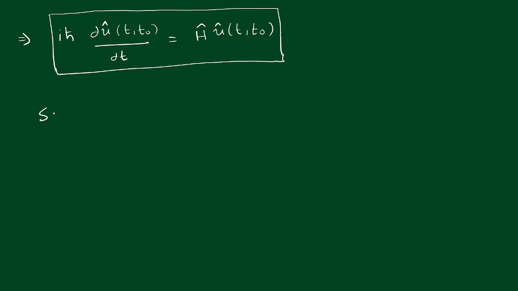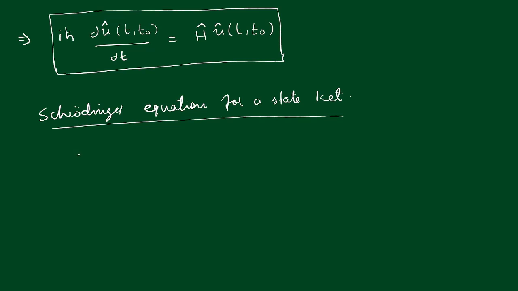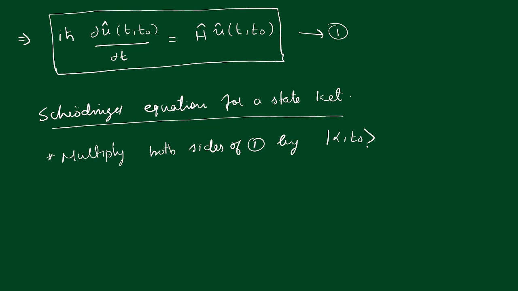All right, let's look at the Schrodinger equation for a state ket. So what we do is multiply both sides of this equation, which I'll call equation 1, by alpha t0, right?